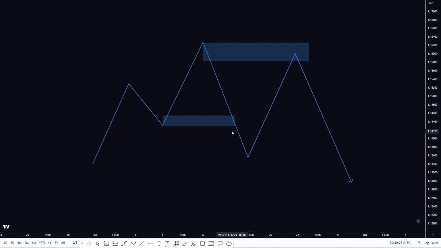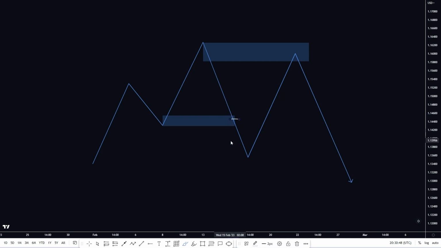So not only am I saying, well, this is a level of support on the daily time frame, but I'm also going to be looking for those confirmations on the 1 hour time frame, for example, and I'm going to be waiting for price to give me a potential entry on that time frame.